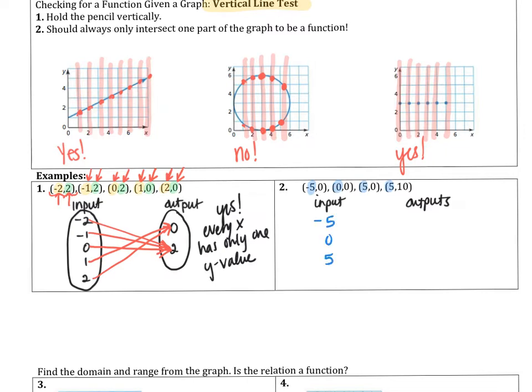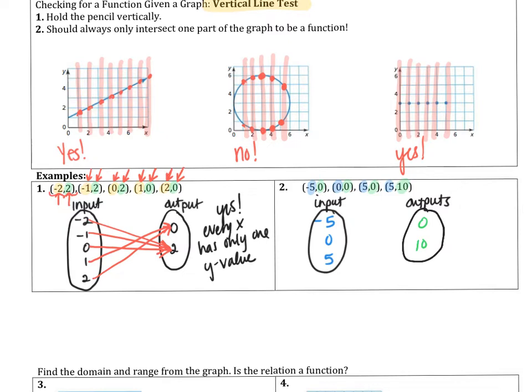So there are my x values, or my inputs. And my second values are my outputs, which are 0, 0, 0, and 10. I don't need to worry about repeats, so I have 0 and 10 as my outputs.